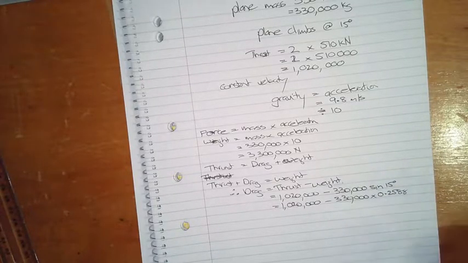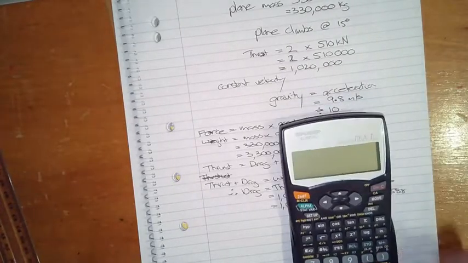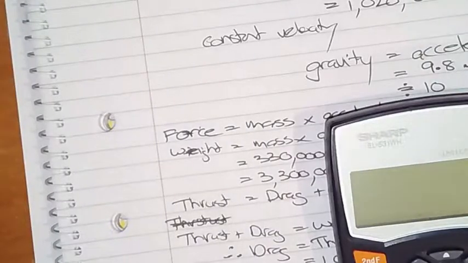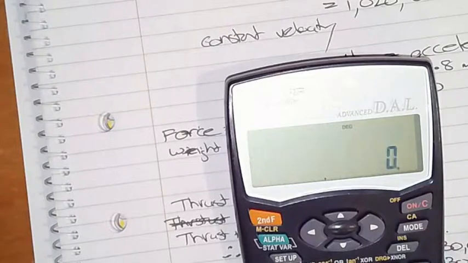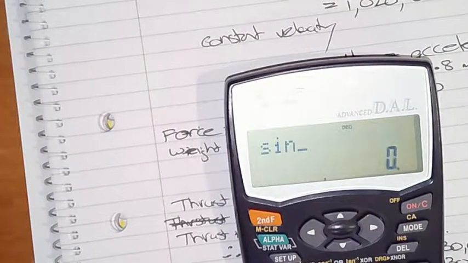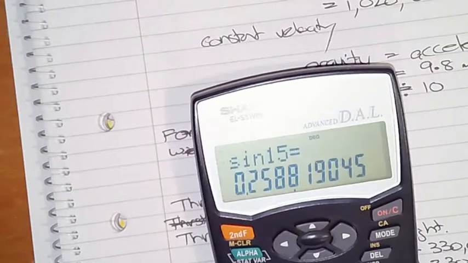0.2588. Now, if you're wondering where I've gotten that number from, we'll have a quick look here, turn the calculator on. It's sine 15 degrees equals 0.25881, so it's rounded to that, and that's how we get the number.